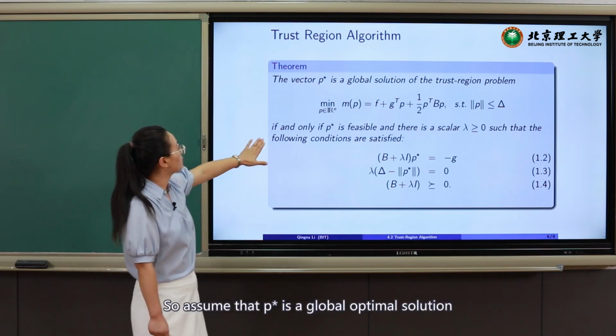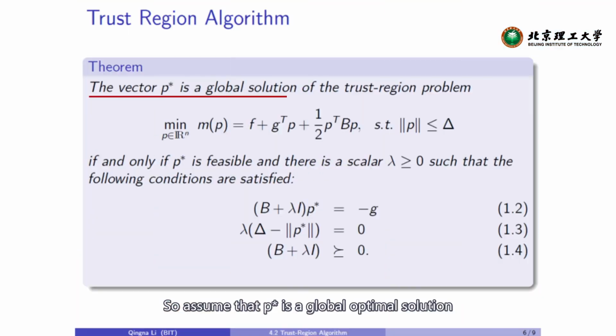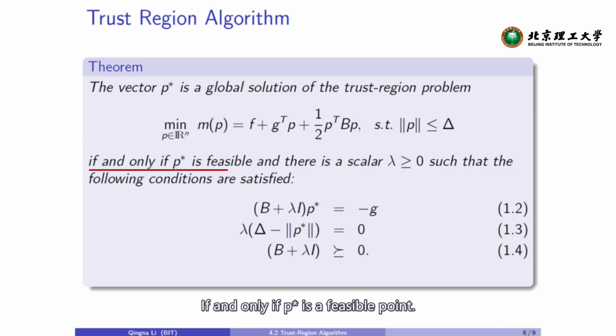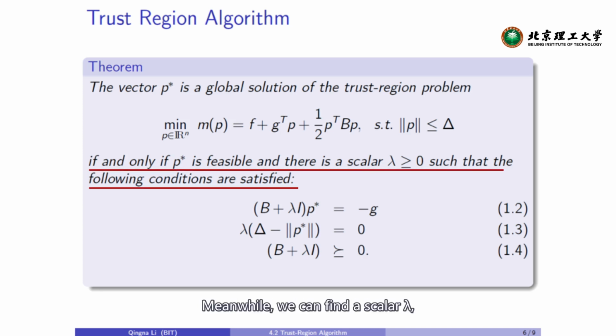So, p star is a global optimal solution to the subproblem if and only if p star is a feasible point, and meanwhile we can find a scalar lambda which is non-negative such that the following conditions hold. The three conditions together are referred to as the first-order optimality conditions, okay?